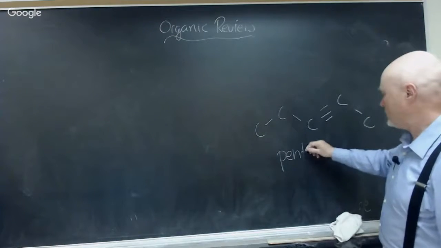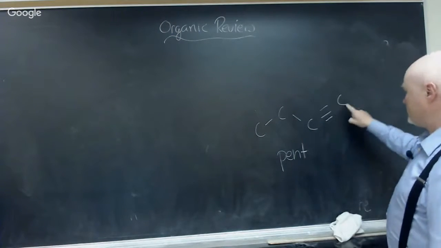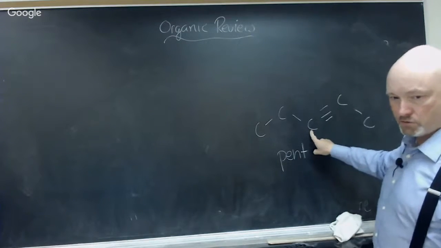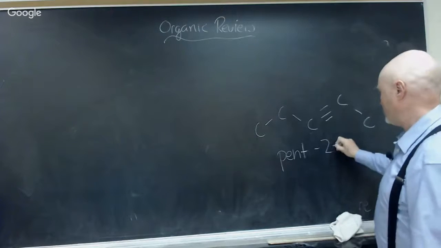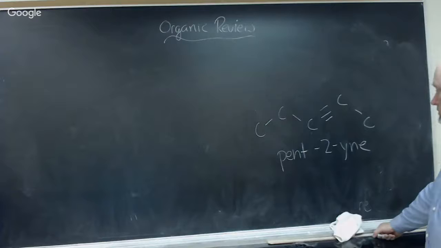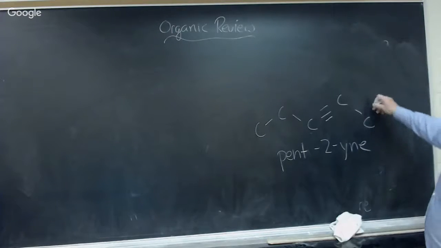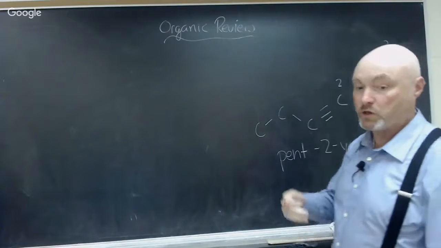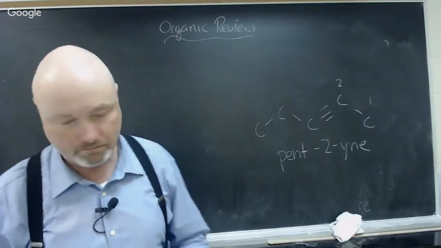Yeah, but then would it be pent-3-yne? Yeah, so this would actually be not pent-3-yne, but pent-2-yne. That's right. Because we have to number from the direction that's going to put the lowest number into the name. Oh, okay. Right.